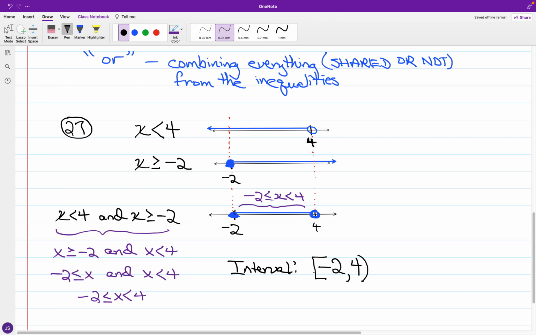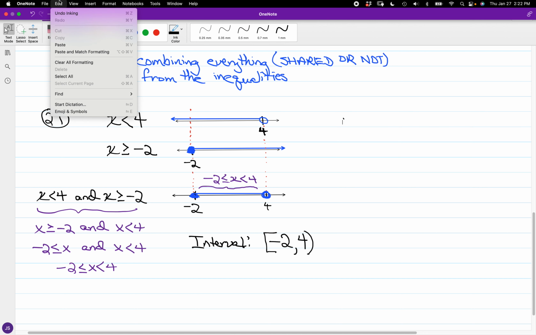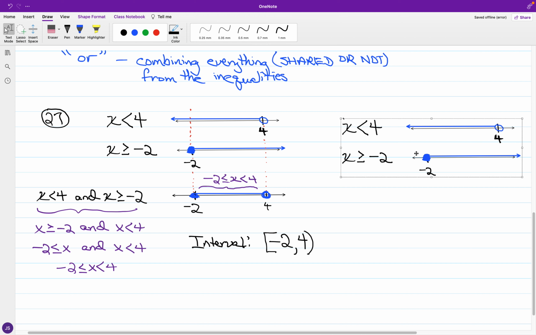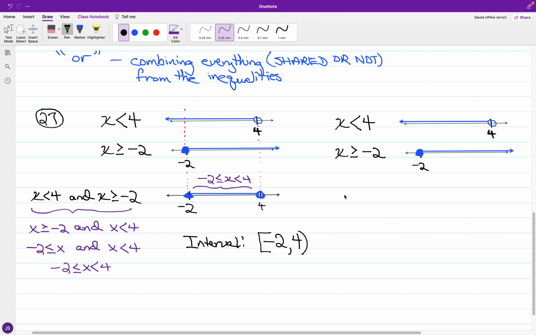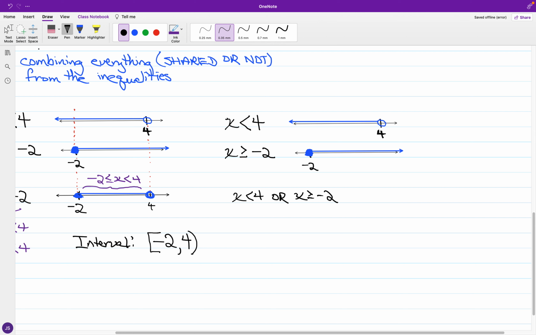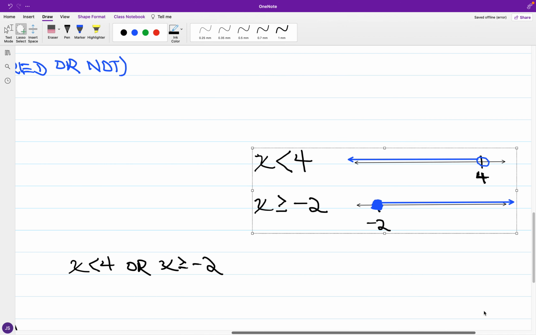All right. Now, in terms of the same inequalities, this time, if I have that x is less than 4, or x is greater than or equal to negative 2, okay, so I'm shifting gears, going from and to or.